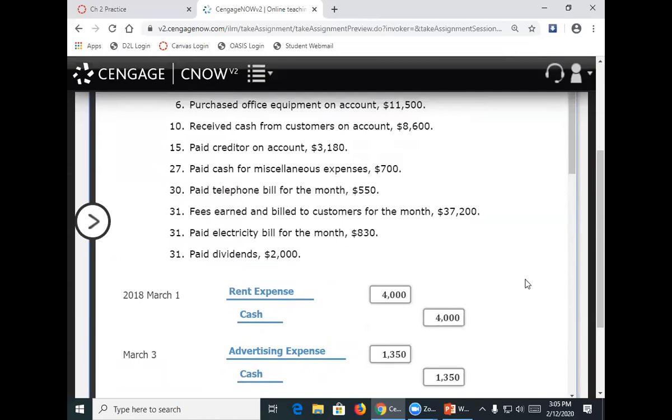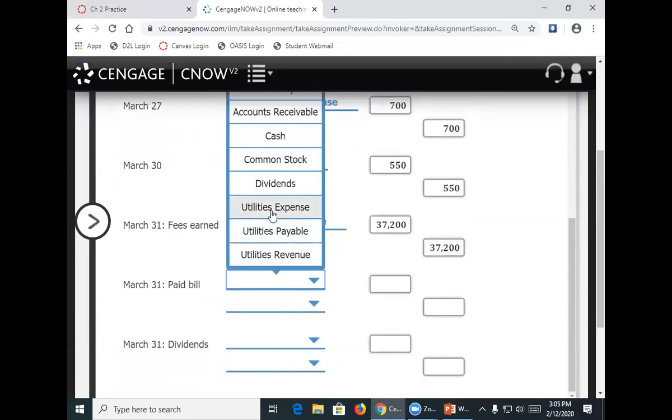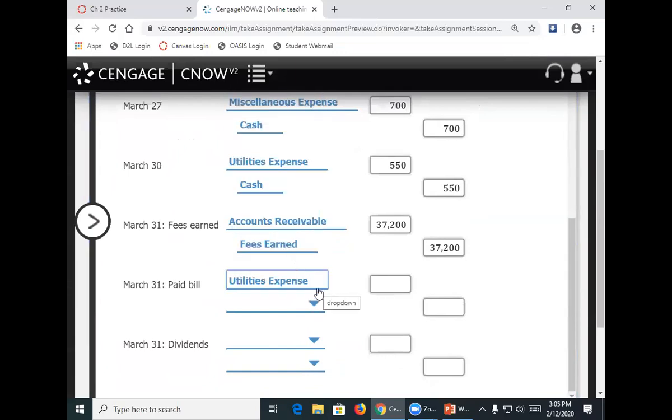Paid electricity bill for the month. Well, we've done a lot like this, right? So what's the debit account? Utilities payable. Not payable. They threw that in there to throw you off. Expense. When we receive the bill and we're paying it today, it's just an expense.